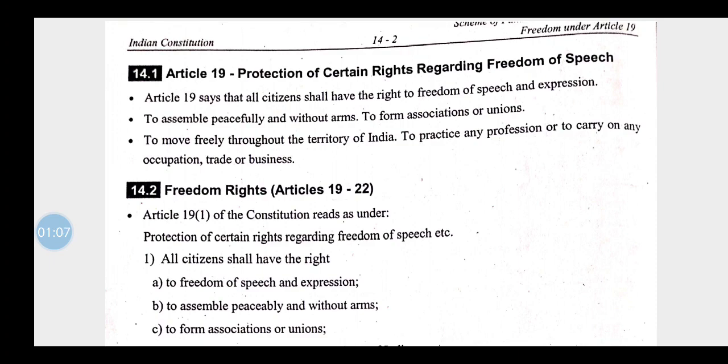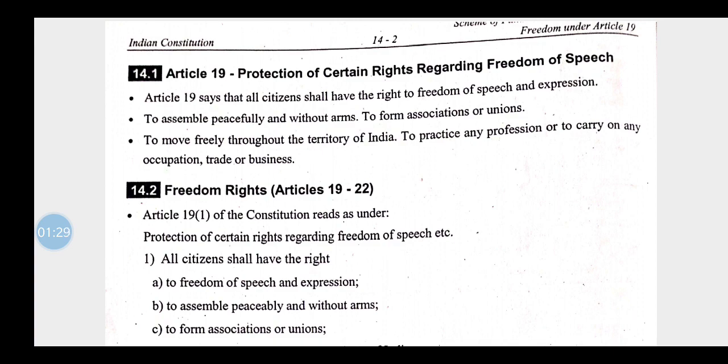In fact, Article 19(1)(c) only gave freedom to create associations, and later in the year 2011, the 97th Constitutional Amendment gave it a new fundamental right to create cooperatives. So it is basically the last newly added right.